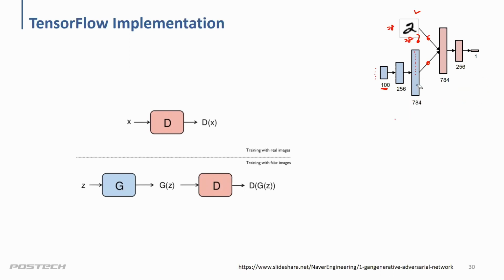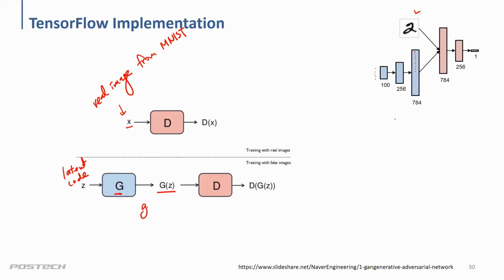And this is the structure that I'm going to use to implement it. So you have X, which is the real image from MNIST, and from latent code or space, it's passing through the generator.